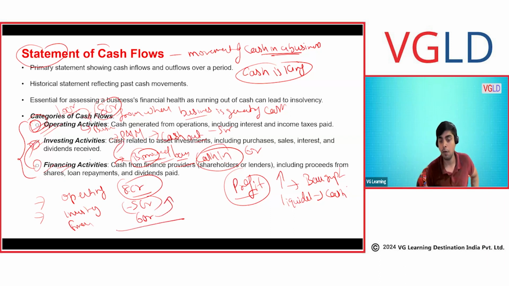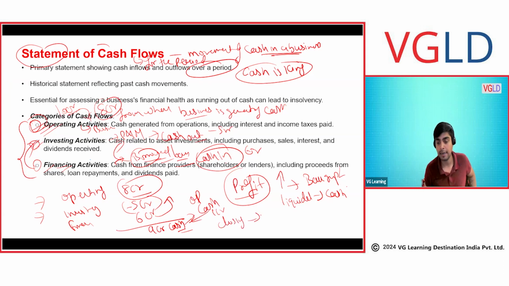So overall during the year, again this is for the period. The statement of cash flow is for a period. So during the year, I basically made 9 crore cash. Now my opening cash was 1 crore, and after this my closing cash should be 10 crore.